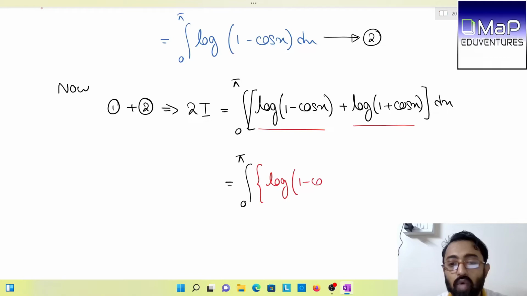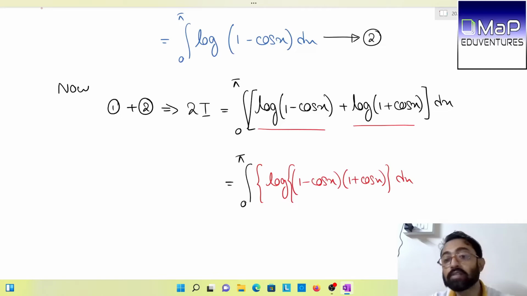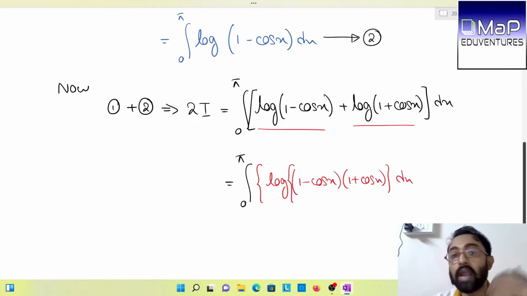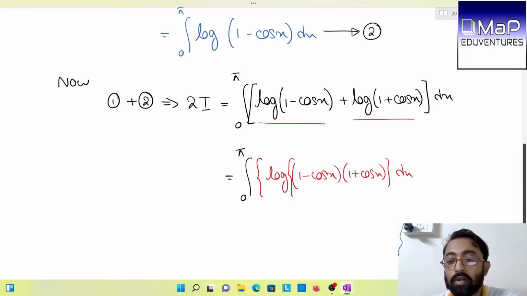Log of 1 minus cos x into 1 plus cos x, which will give us 1 minus cos square x. Okay, so after adding we can go through certain steps, and that indicates that we should go with definite integral.